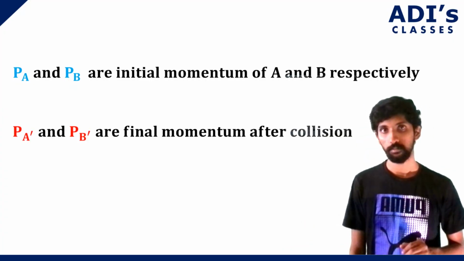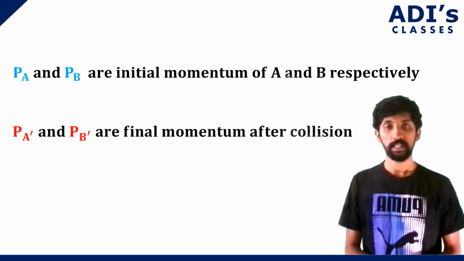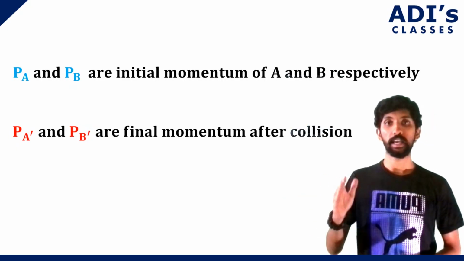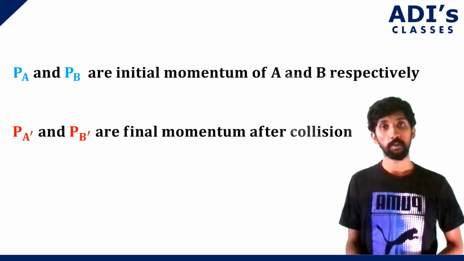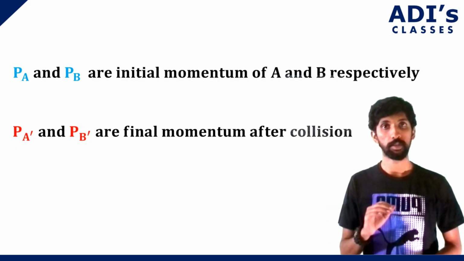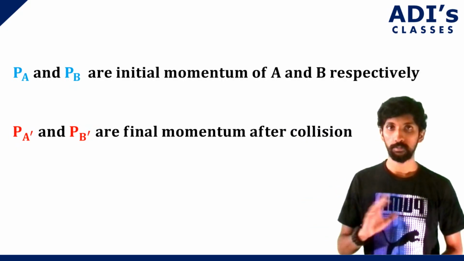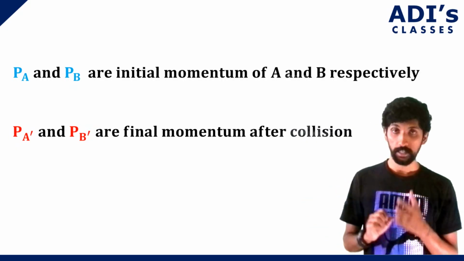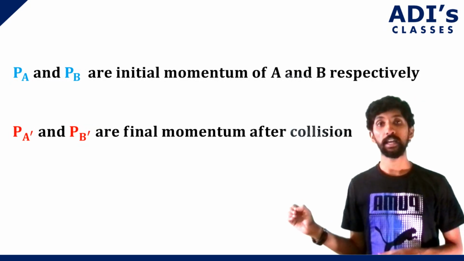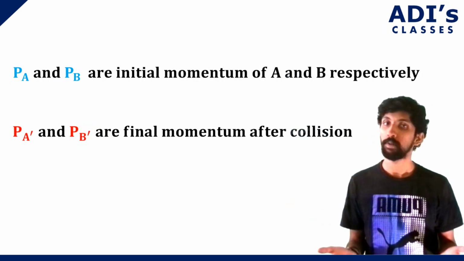Okay, so let's try to do it mathematically. Let's say PA is the initial momentum of object A, and PB is the initial momentum of object B. Now, let's say A and B collided and then move with different momentum.